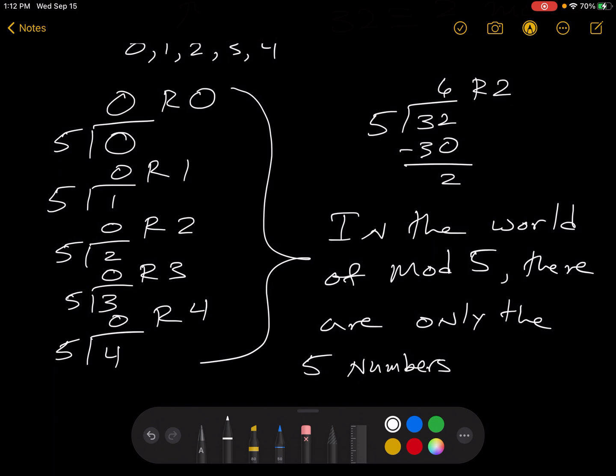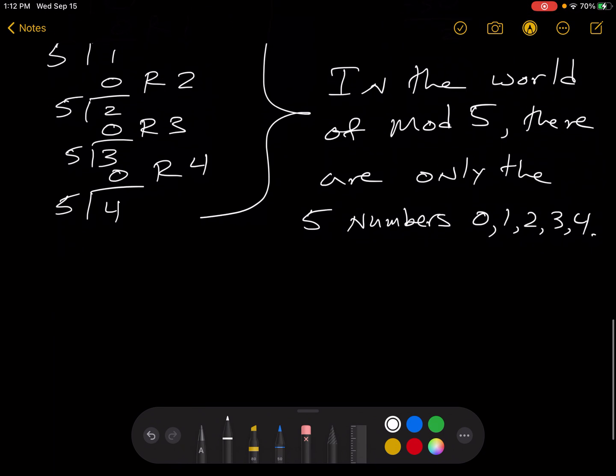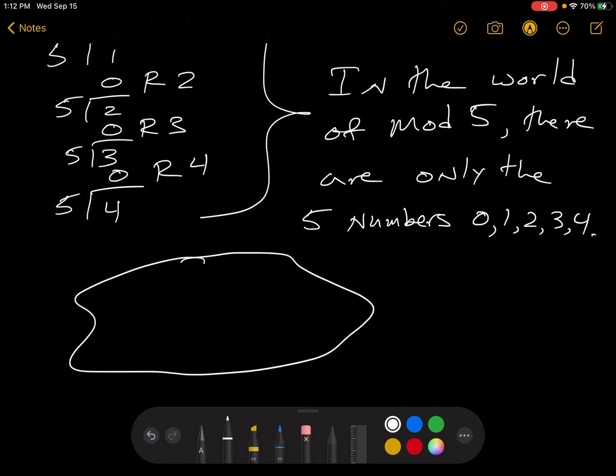There are only the 5 numbers 0, 1, 2, 3, and 4. So inside this set here, the set of all integers mod 5, there's really only 5 numbers: 0, 1, 2, 3, and 4.